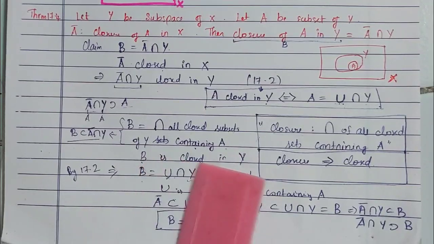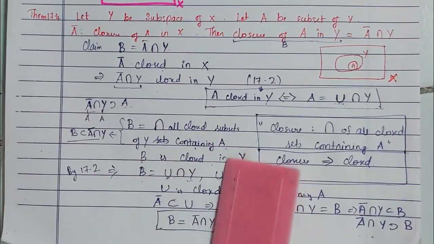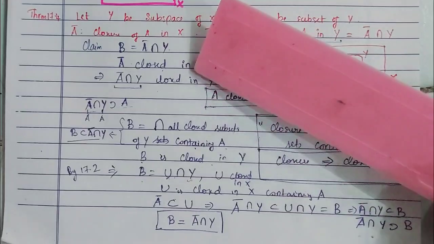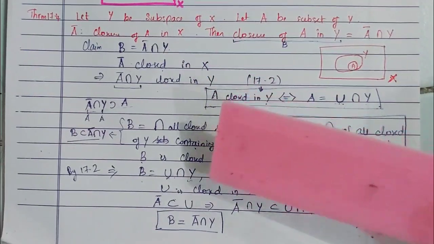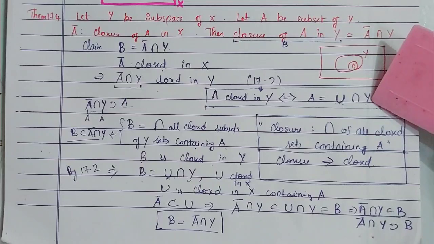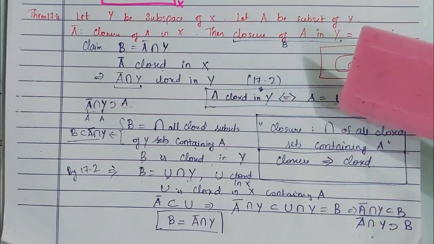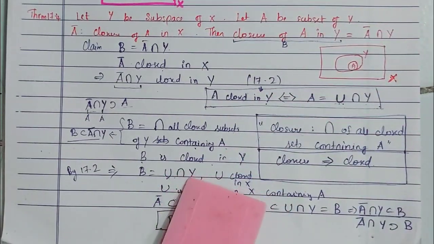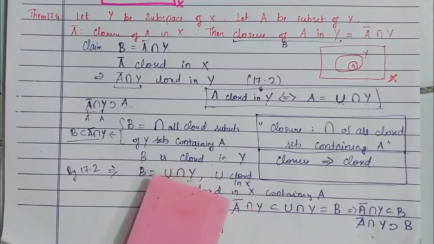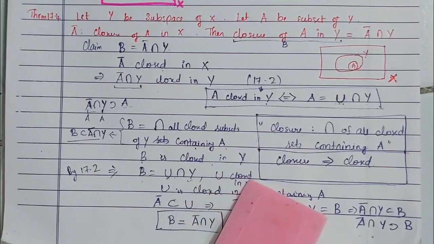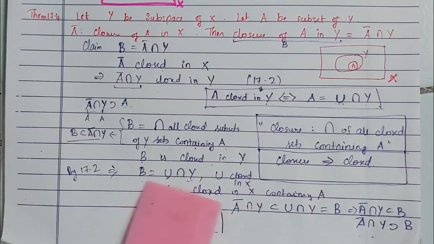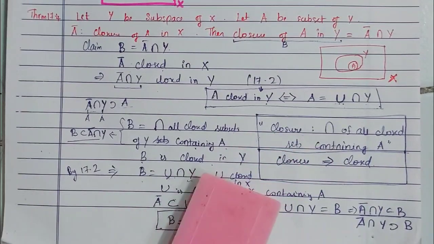So B is closed in Y. When it is closed, we can say by the previous theorem, relating with Y by intersecting, that B can be written as U intersection Y, where U is closed in X. This is by the theorem which we have also proved. So B is equal to U intersection Y.